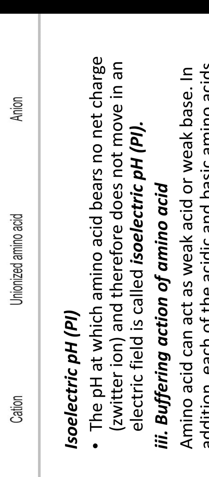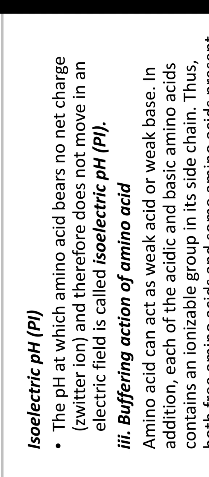The pH at which an amino acid bears no net charge and therefore does not move in an electric field is called isoelectric pH. So in a solution, with the same amount of ions, the ions do not move in the electric field, and that pH is known as the isoelectric pH of the particular amino acid.